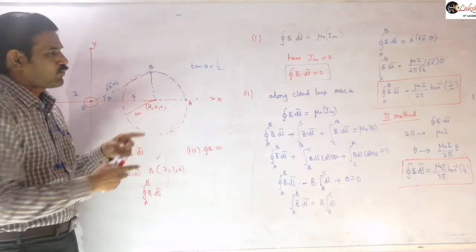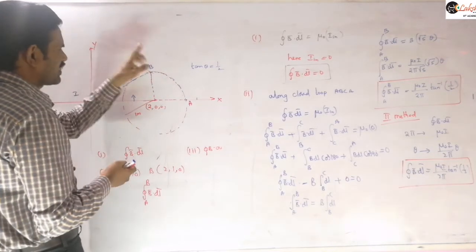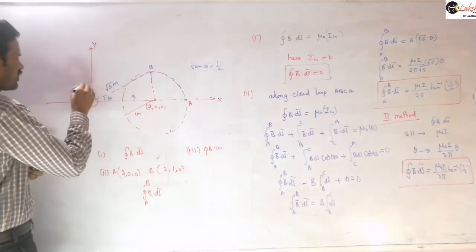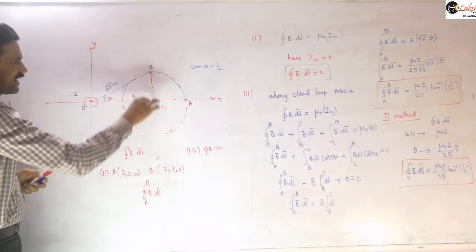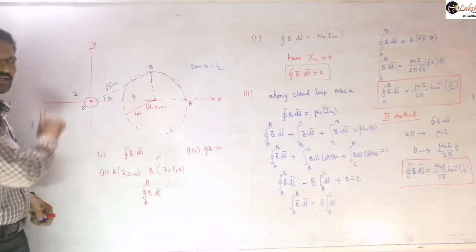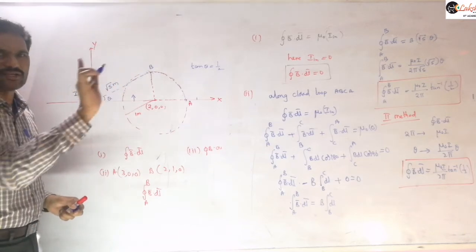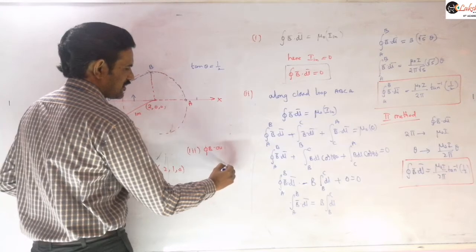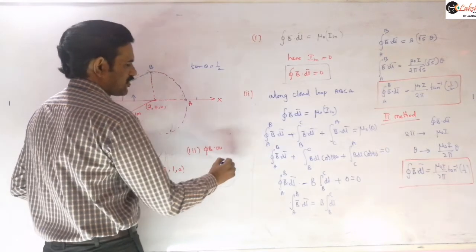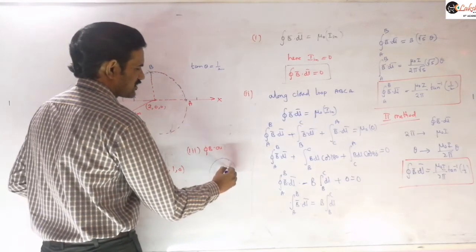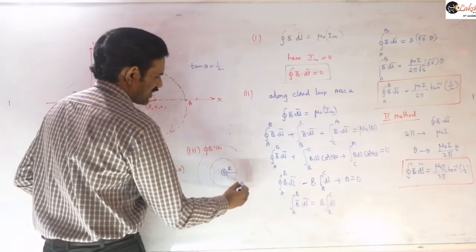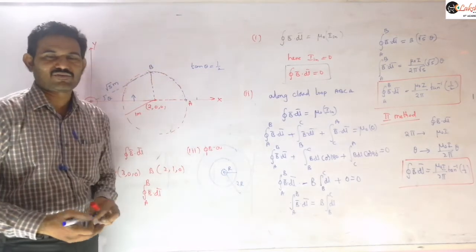Now for 2 pi angle, if you are taking a complete circle, whatever the size of the circle, whether you are taking a small circle or a large circle, for a complete circle that value is mu naught I only, right? If a current carrying conductor is there like this, whether you calculate B bar dot dl bar over a circle of radius r or over a circle of 2r, does the value change?